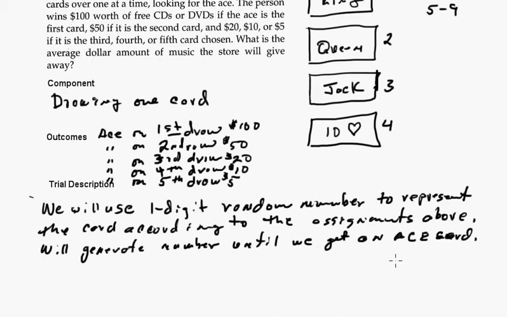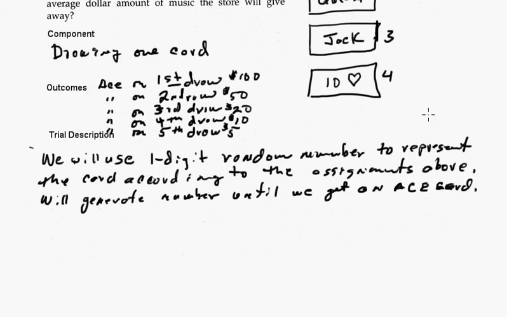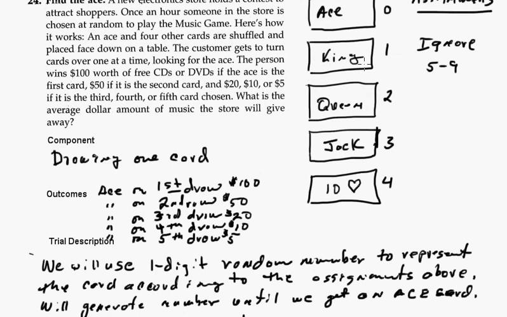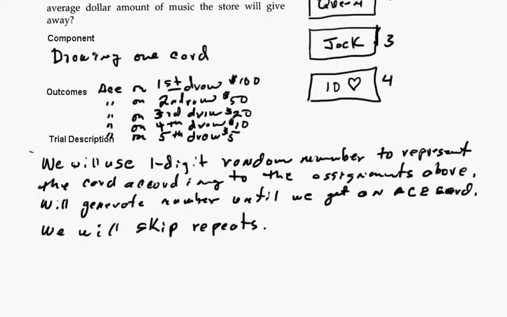Okay, so let's see. The one thing that's very important that we need to say here is that we will skip repeats. So if a number comes up, like if we pick a king on the first draw, then we can't get a king on the second draw. So we'll have to ignore repeats.